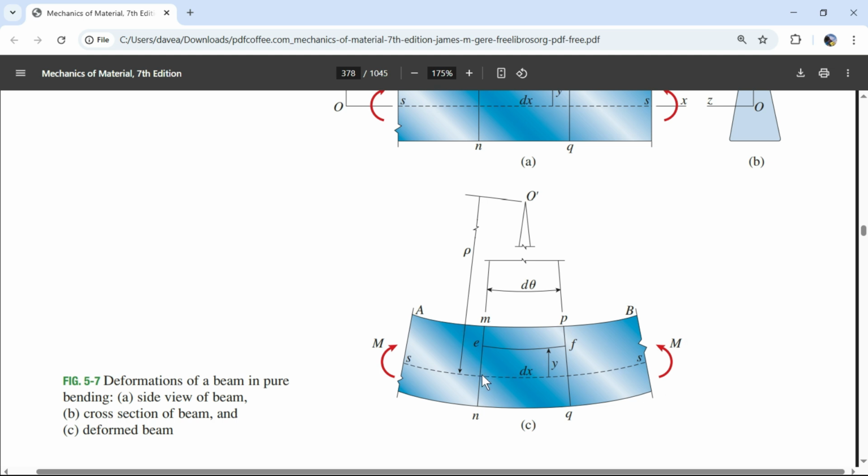The reason it still works out, which hopefully they mention, is that if I project this curved line down onto the x-axis, that line is going to be about the same length. If I project it straight down, this line will be a little bit less.